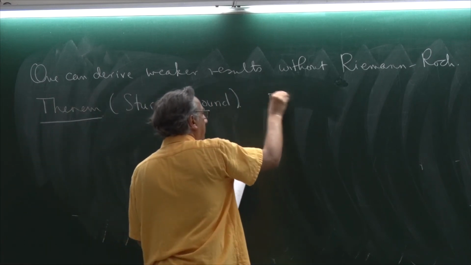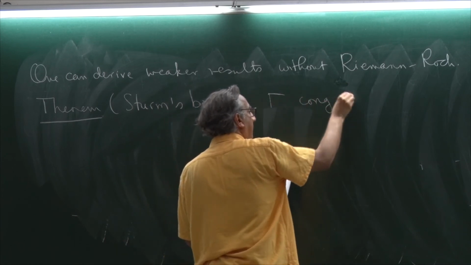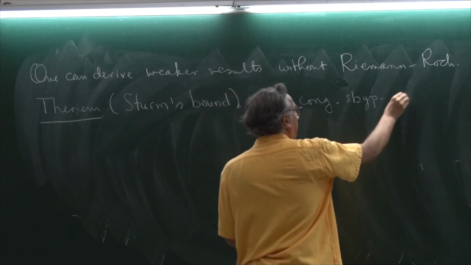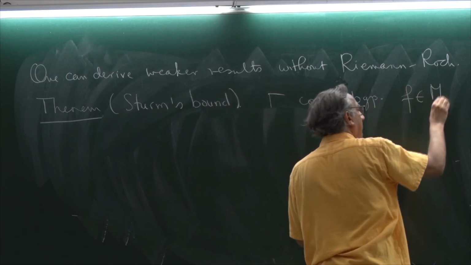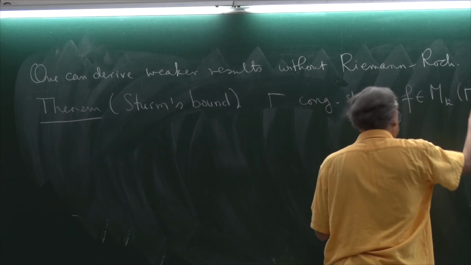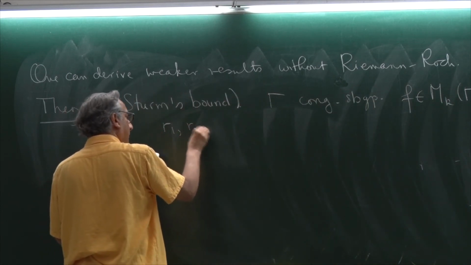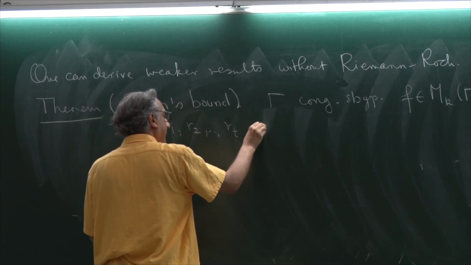So gamma is a congruence subgroup. F is a modular form of weight k for gamma. R1, R2 to Rt are the inequivalent cusps.